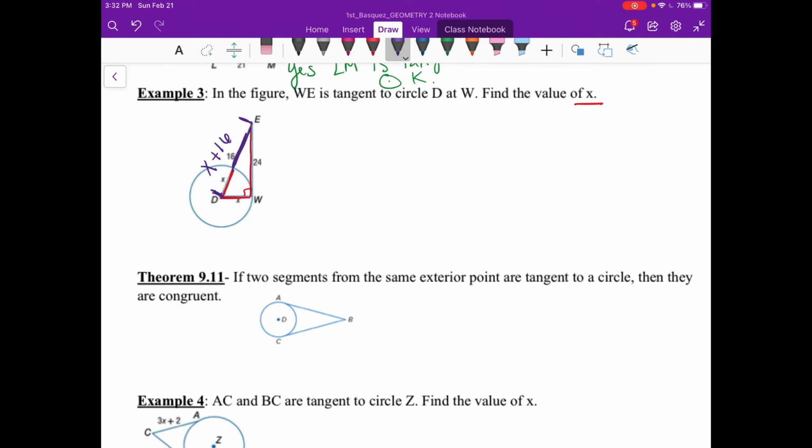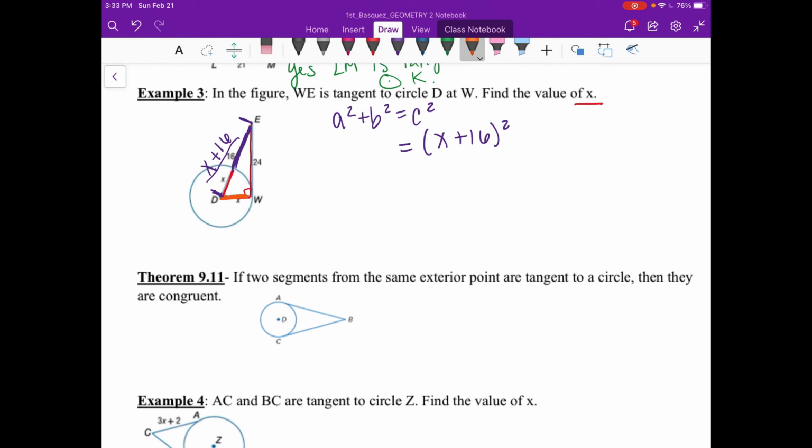There's two pieces to that. There's the x and the 16. So I have to make sure that my c value for across that 90-degree angle is x plus 16. So if I were to follow the Pythagorean theorem, a squared plus b squared equals c squared, well, first, my c squared is always across the 90-degree angle, so I have to take the x plus 16 and square it.